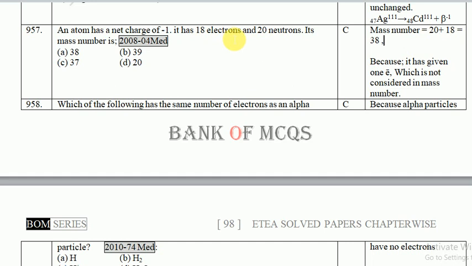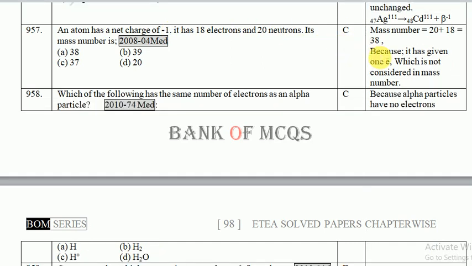38 is the mass number, but in the question they tell us that the atom has a net charge of -1. It means that the minus charge is an electron, so it has gained 1 electron. So when an atom gains 1 electron, its positive charge will be decreased by 1.